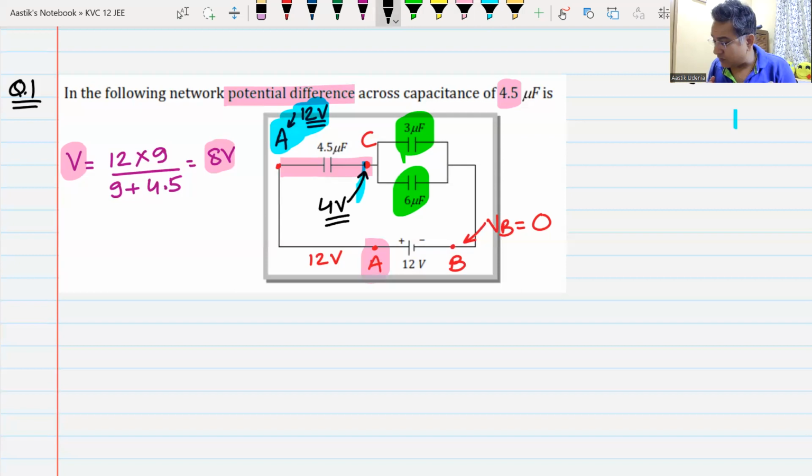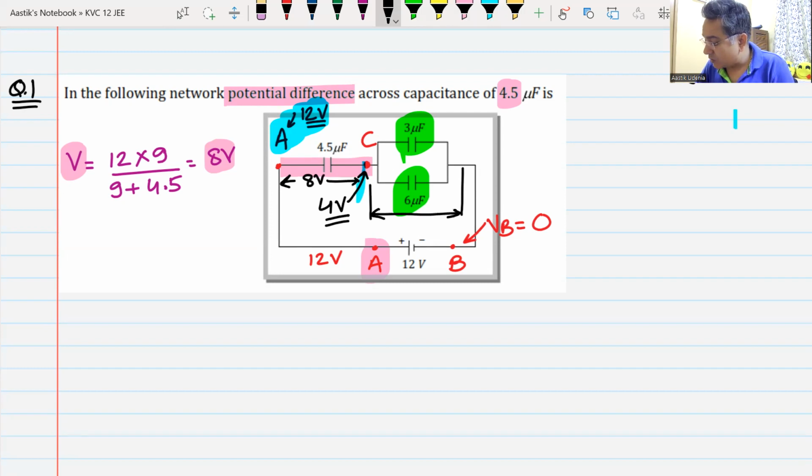This is one way of doing it. The other way of doing it is you could have found the potential drop across the next combination. You know that the potential drop across this one is 8 volt. So what is the potential drop across this one?